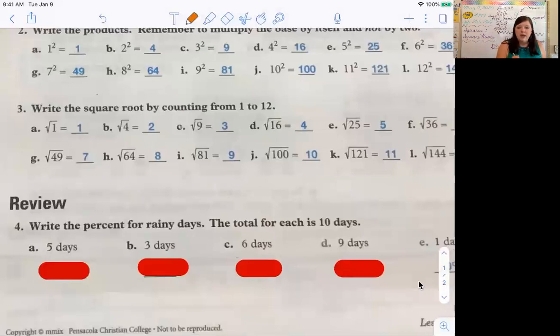Well, we're going to be making percents for each of these rainy days, the total of which is 10 days, okay? So why don't we take each one and make a fraction first? And remember, we learned a few lessons back that every fraction has an equivalent percent, and we went over some tricks to remember those. So let's put these into fractions, shall we?